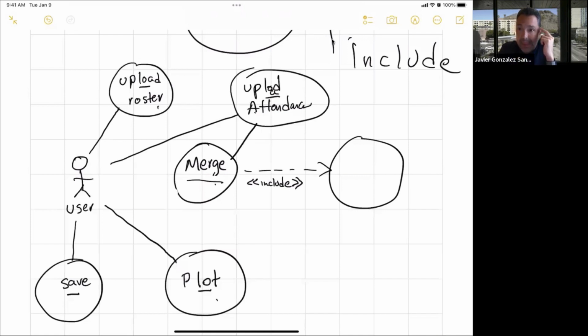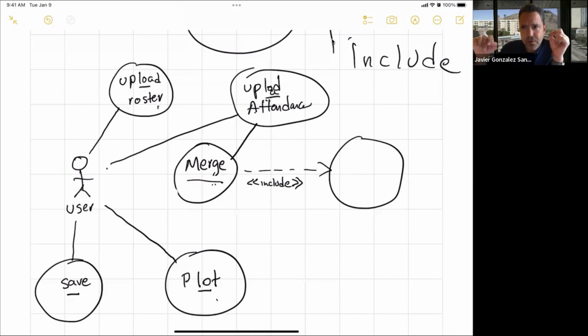Now, a connection between them, yes, but I put the connection. That connection is use association. One is going to call the other. You can think about this user is calling this one, and this one is going to call this one. One process, the next process. Is inclusion. Load, include, merge, occur always.